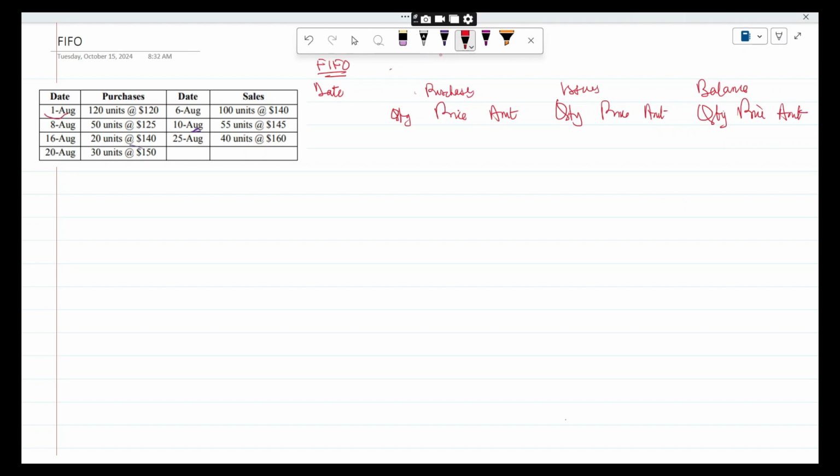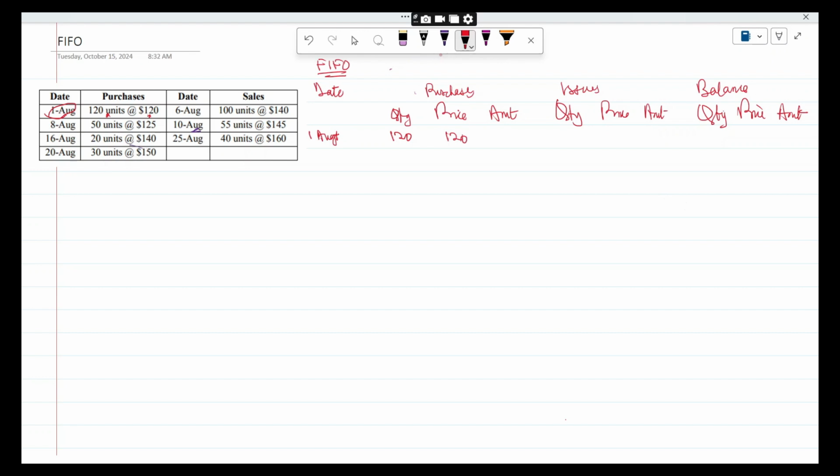We first start with the 1st of August. Then we purchase 120 units at 120. So 1st of August, 120 units at 120. Great.